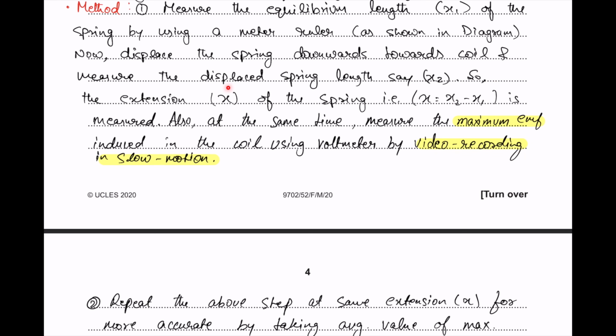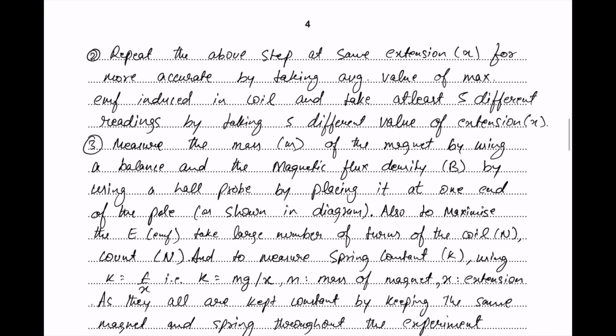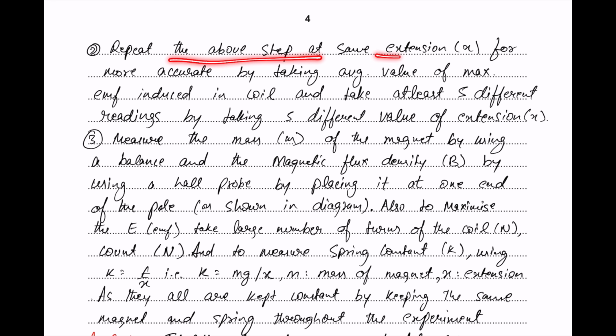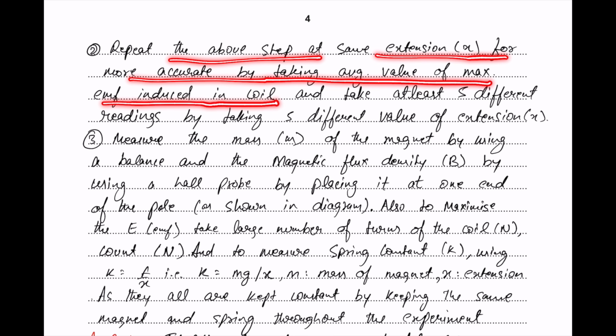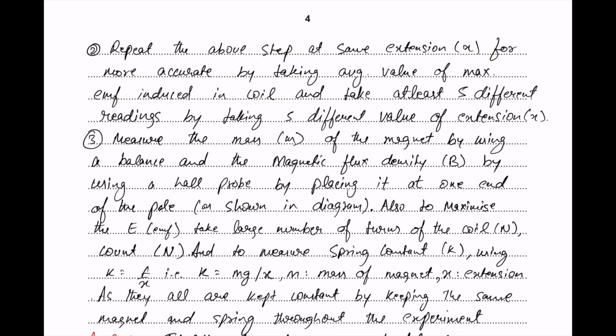Okay, so I have done X and E in the first point. Now in the second point, repeat the above step at the same extension X, for more accuracy, by taking the average value of the maximum EMF induced in the coil. I will repeat the same with the same displacement in order to get the mean value for the maximum EMF induced in the coil.